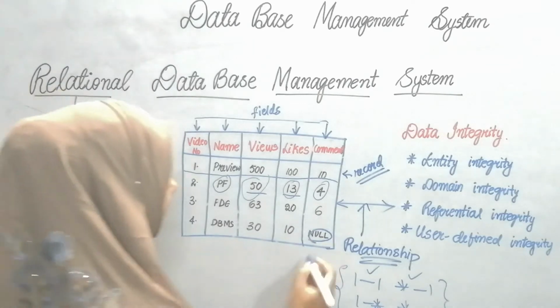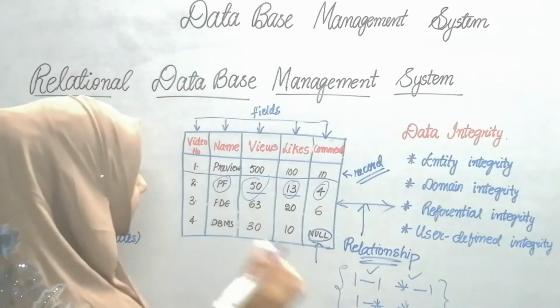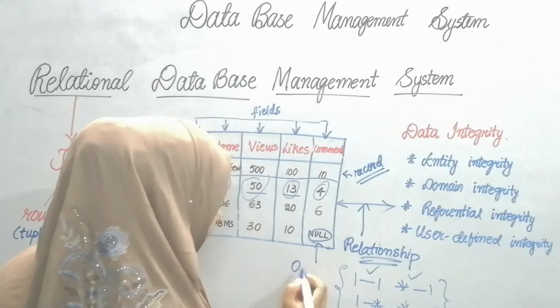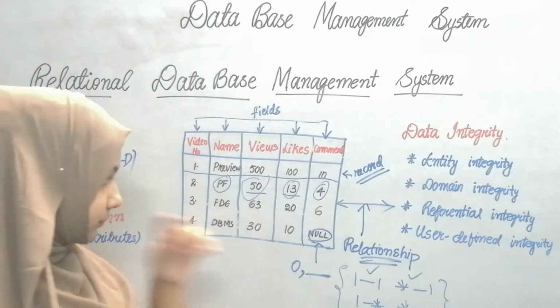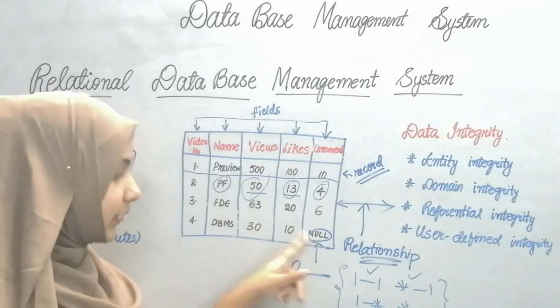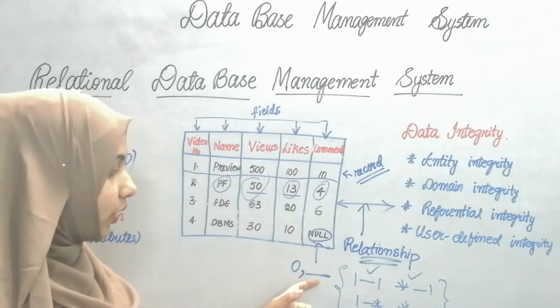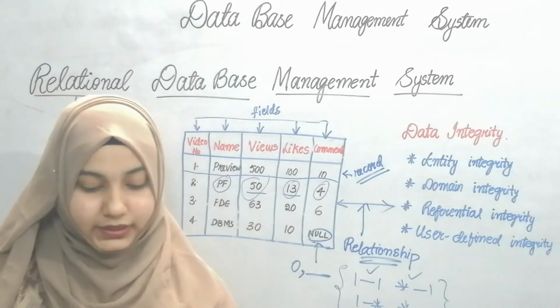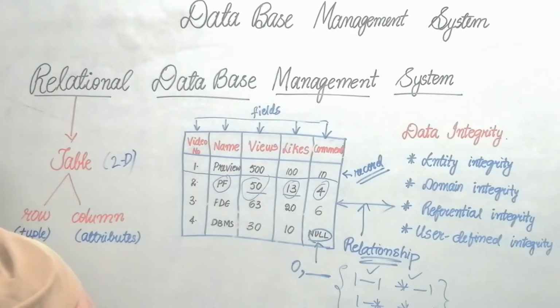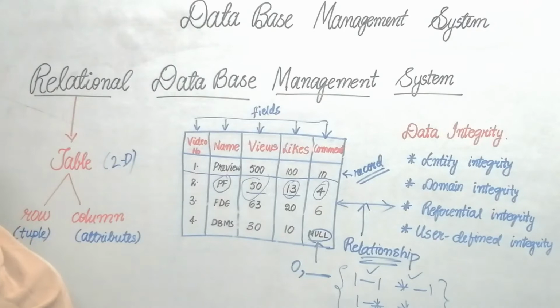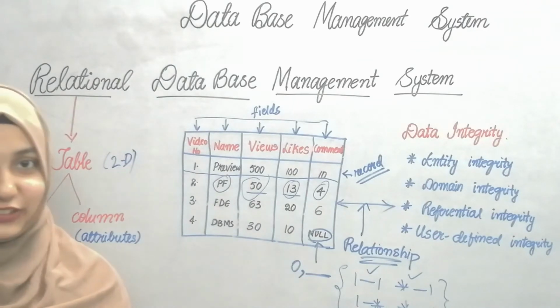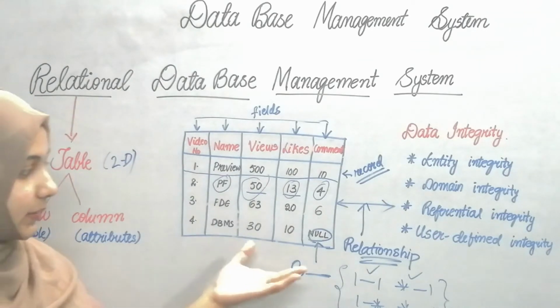Null is different from writing 0 or leaving some space. Null means empty, right? It's like you're leaving an empty space at the time of creation of the table. That is nothing but null.